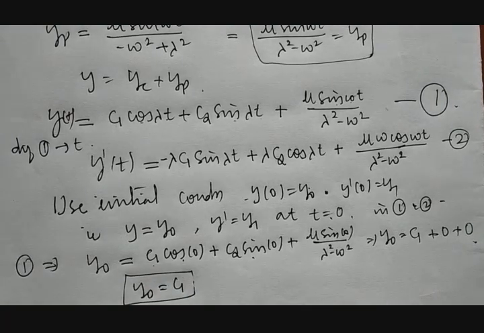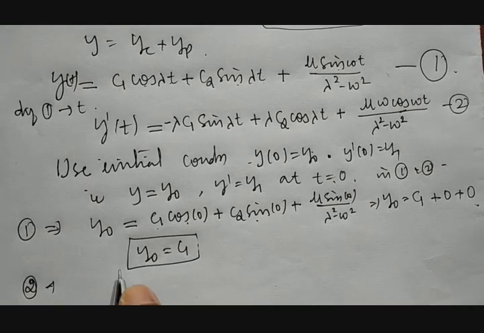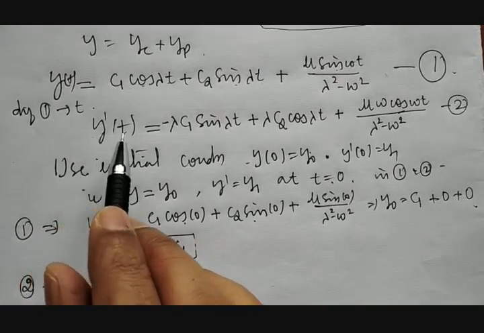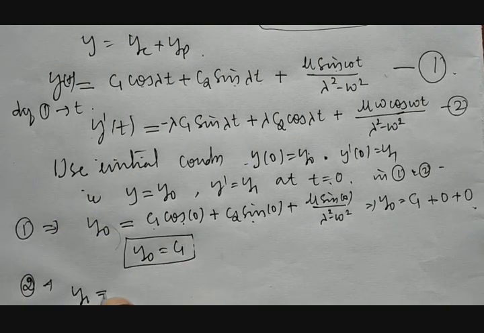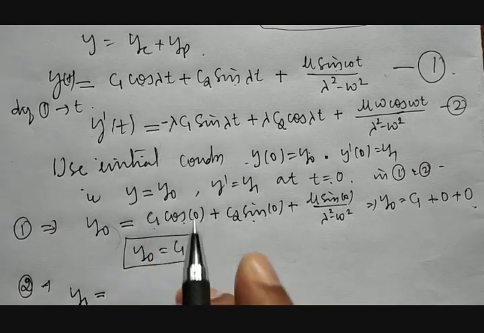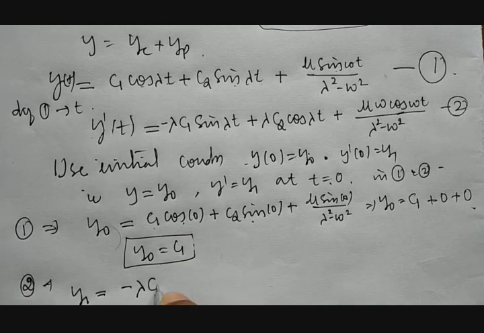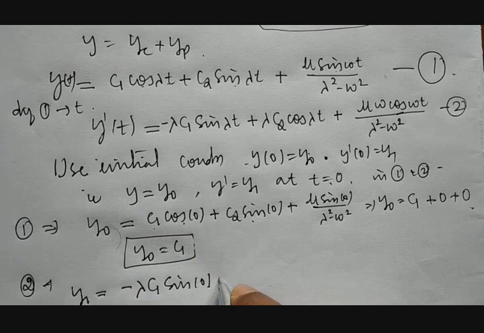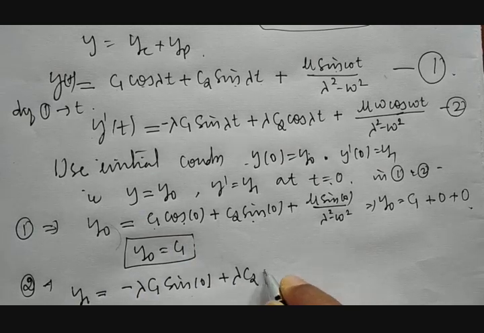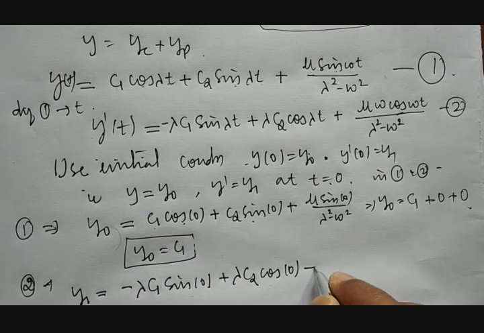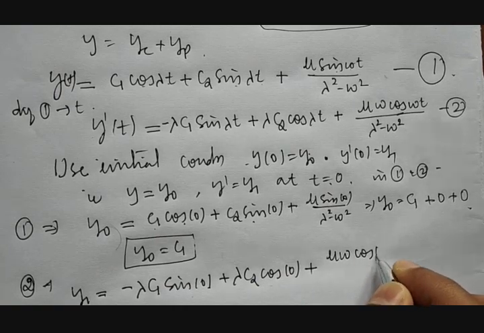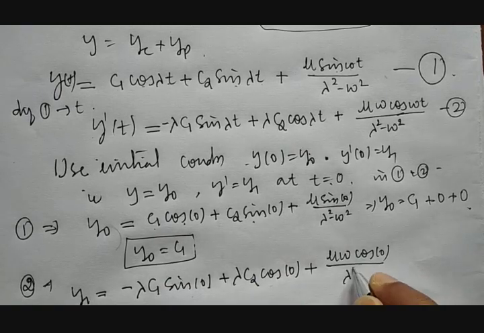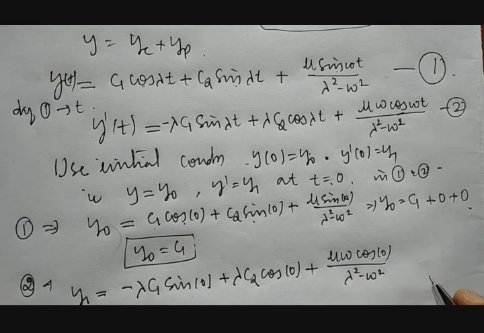Then equation number 2 becomes, y dash is nothing but y1. So y1 is equal to minus lambda C1 sin 0 because t is 0, plus lambda into C2 into cos 0 plus mu into omega into cos 0 divided by lambda square minus omega square.